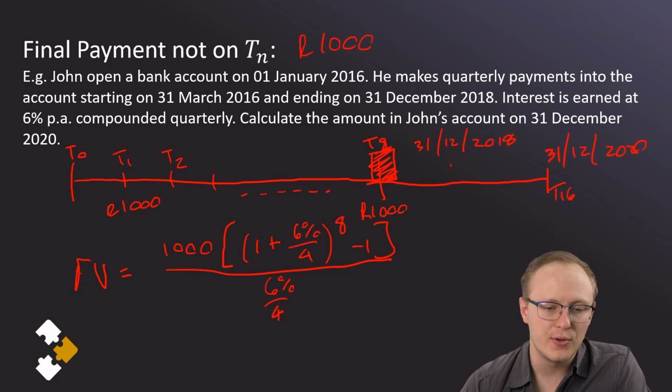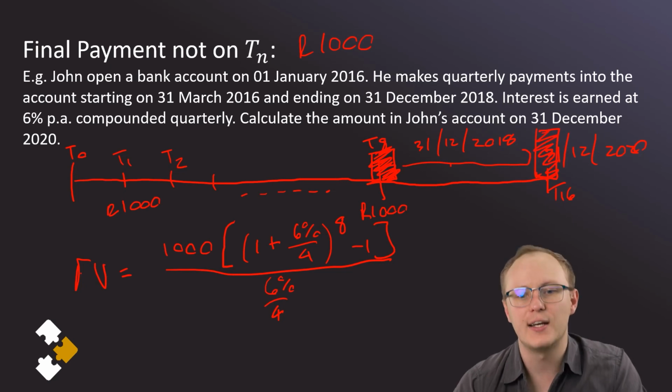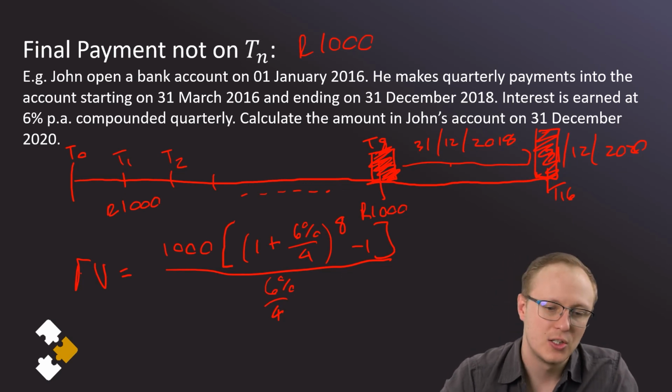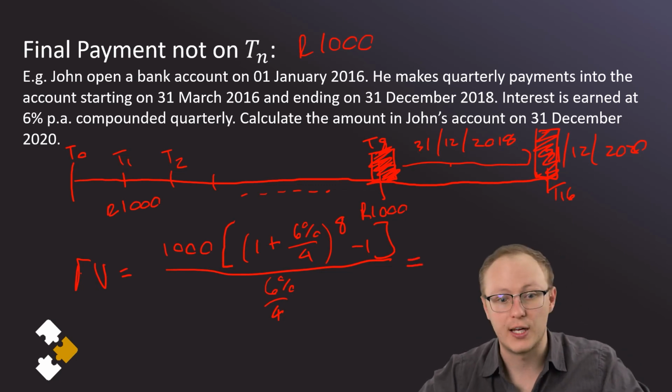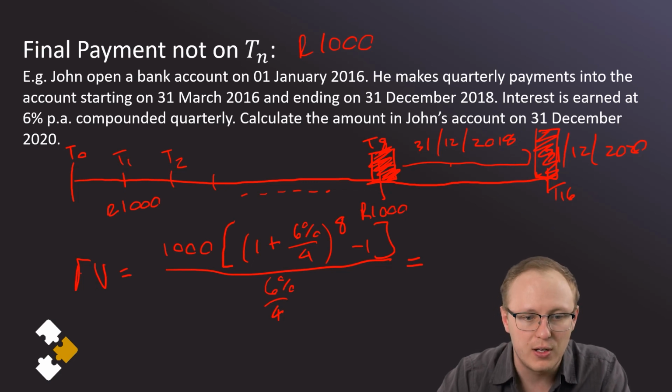And then we know that we've got to take this amount that we had here and grow it using our normal compound interest and find out how much it is on the 31st of December 2020 after those 2 years. So what we're going to do is we're now going to calculate this future value. And that future value we know is going to be the amount in the account at T8 for 31/12/2018.